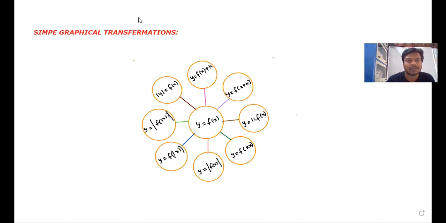Okay, let us see simple graphical transformations.